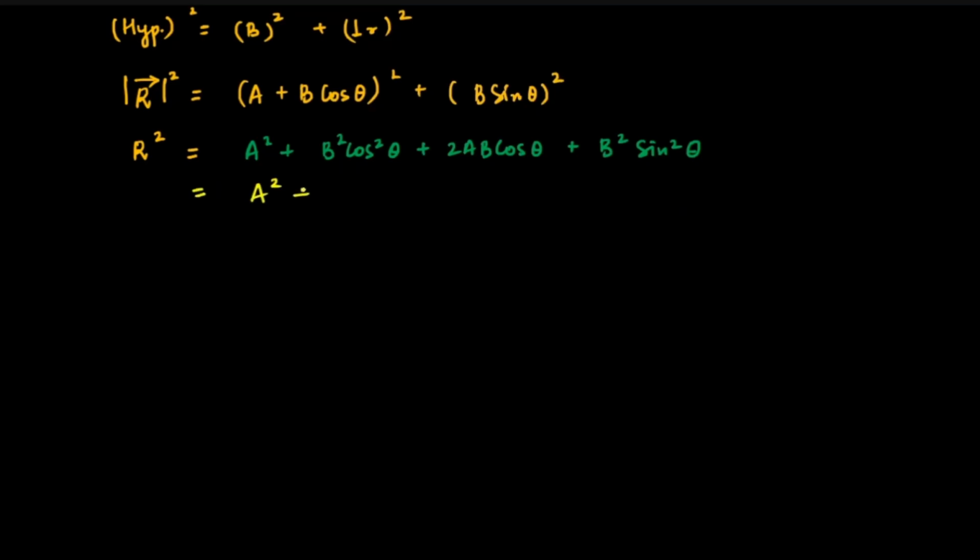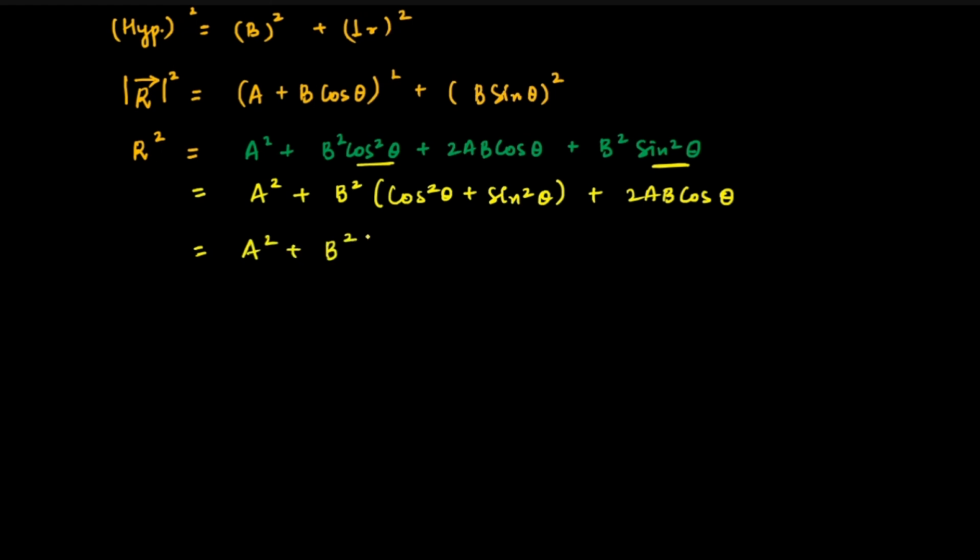So A square plus B square, can I take B square common from both the terms? Yes, you can factor it out. So I'll be getting A square plus B square times cos square plus sine square, plus 2ab cos theta. Now, if you know what cos square theta plus sine square theta is, tell me.